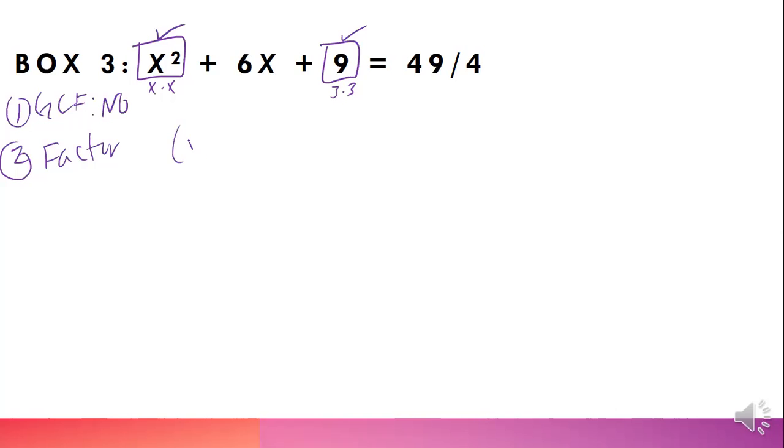Yes, so my factor is x plus 3 squared equals, and this is step 3, 49 over 4. If it doesn't equal the middle, then you can't use this way of solving.